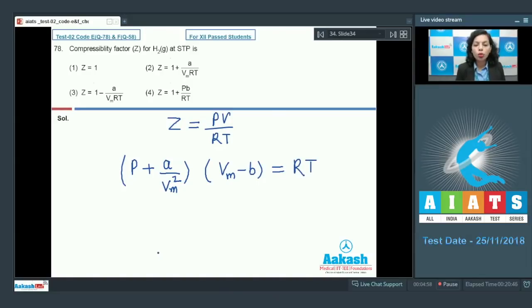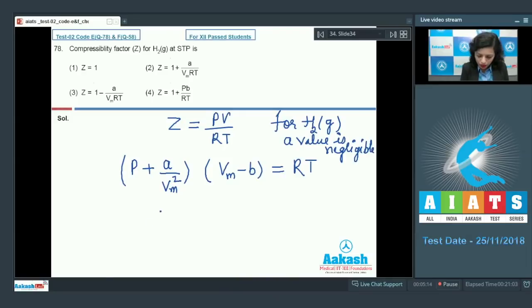Now one more thing you should know, that for hydrogen gas, the A value is almost negligible, and if it is so, we can easily find that P into Vm minus B is equal to RT.